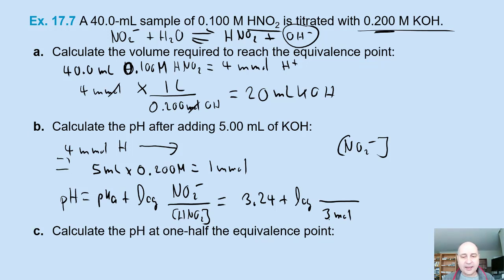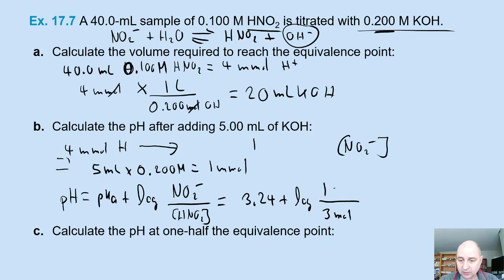and technically I have to put in the molarity, so like 3 times 10 to the minus 3, but the ratio, whether it's number of moles or molarity, it doesn't matter. That ratio is still the same. And so we know that if we add 1 millimole of base, we're going to produce 1 millimole of conjugate base.